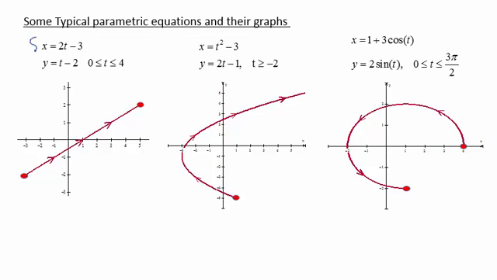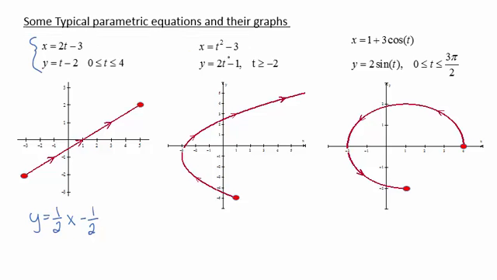We already saw in our last example that this first set of parametric equations, which defines this line segment, can be rewritten as y equals 1/2 x minus 1/2 by eliminating the parameter t. This same process can be done for these other pairs of parametric equations. Let's look at the second example now.